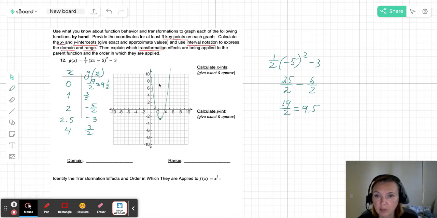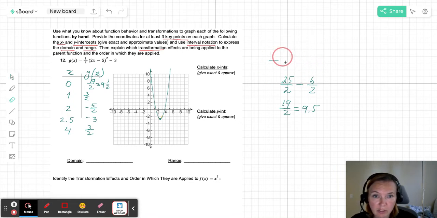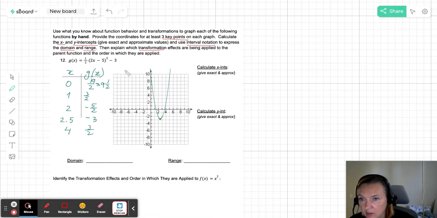All right, so this is the parabola that we get after we plot the points and try to connect them together. Now let's calculate x-intercepts, and then we are going to try and calculate the y-intercept. Well, actually, we already did the y-intercept, so I'm going to start with that. Once I'm done erasing. So y-intercept is when x equals 0, right?